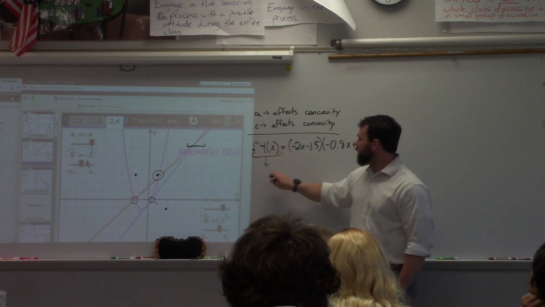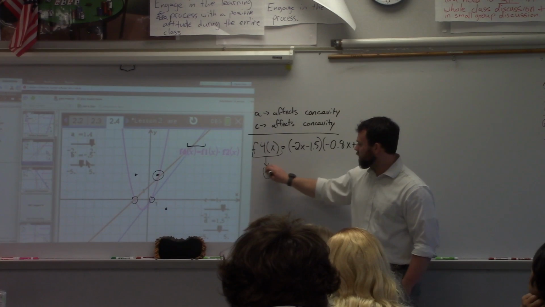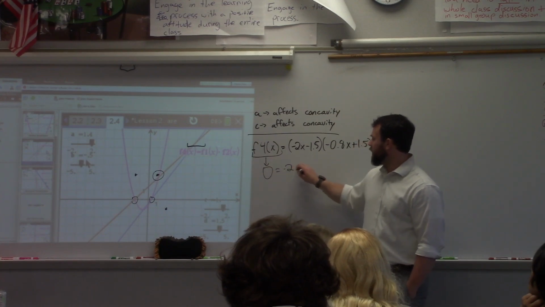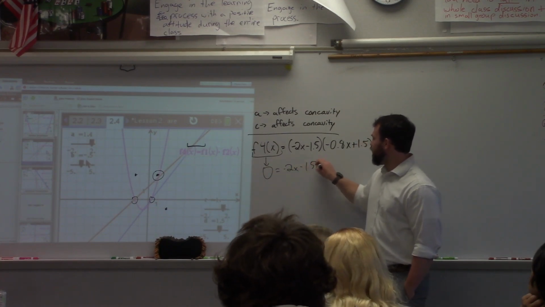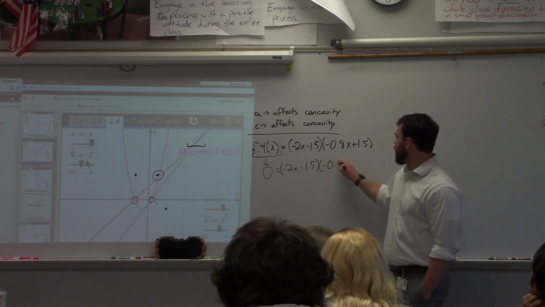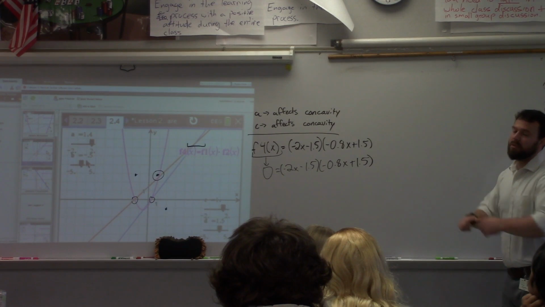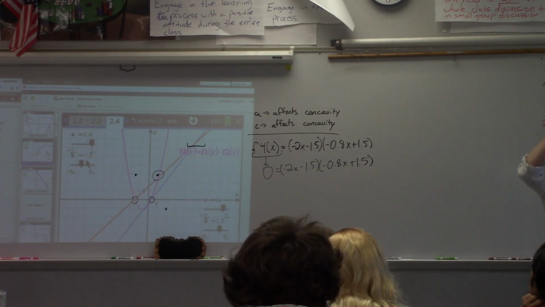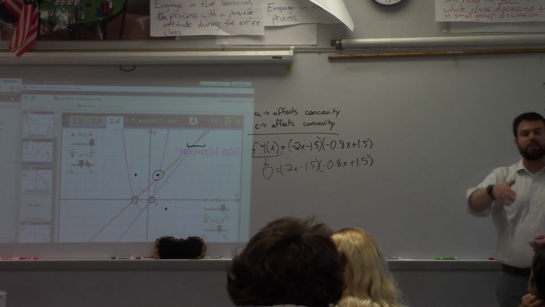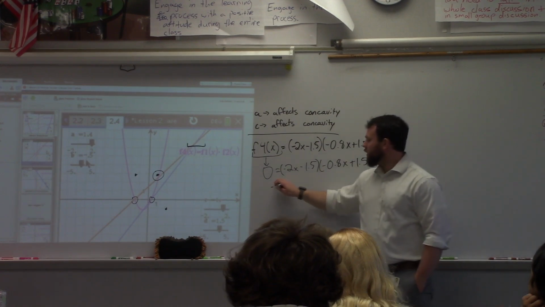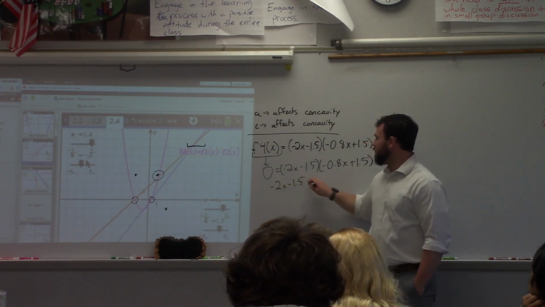Remember, if I'm looking for a 0, what is f4 of x? 0 equals negative 2x minus 1.5 times negative 0.8x plus 1.5. What's going to allow me to set each of those factors equal to 0? Oh yeah, the zero product property. The product is 0, and so I can solve for my roots.